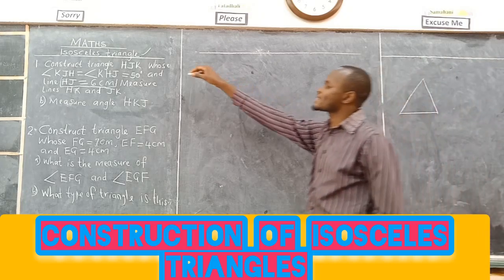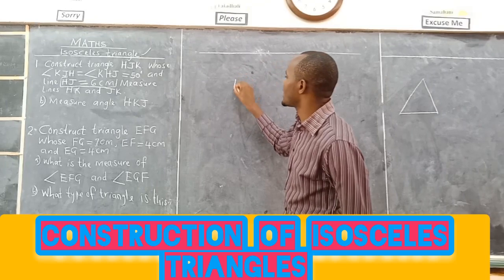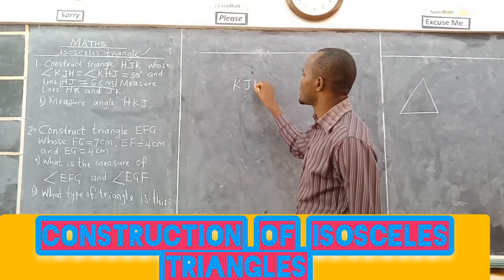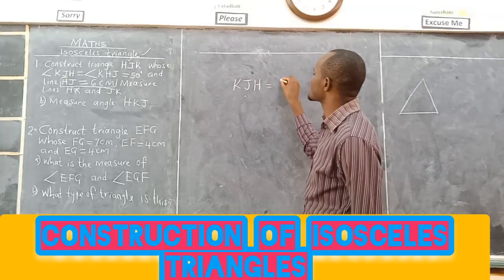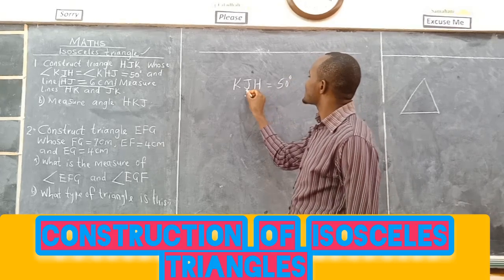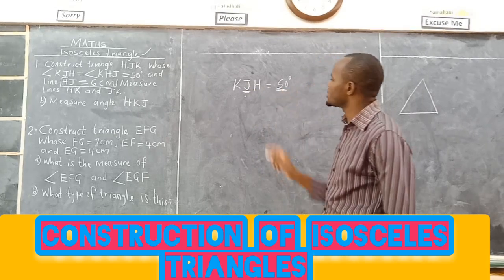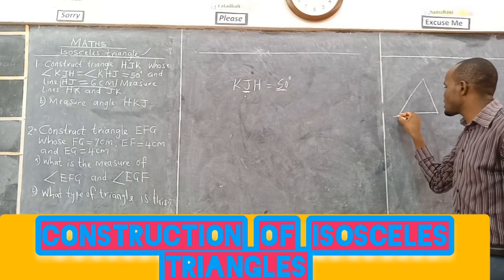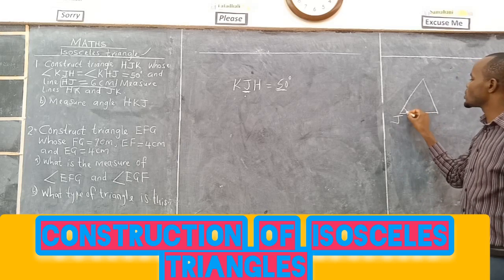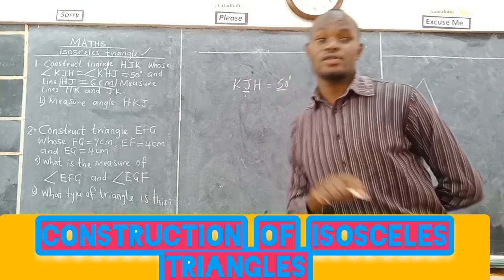Which are the two angles? One of the angles is at the letter J. Remember, if you are given angle KJH is equal to 50 degrees, it means the angle is where we have J, that is where we have 50 degrees. So J is there. This angle is 50 degrees.